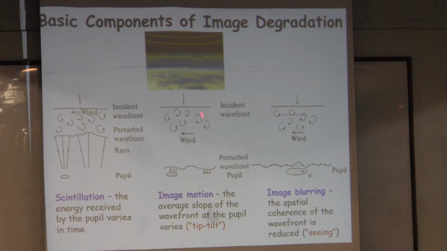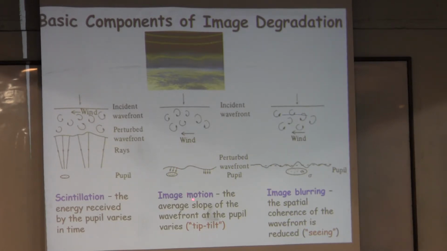One way to look at this is to say we have an object high up there, we have an almost parallel wavefront coming to the atmosphere, and then it goes through the layers of the atmosphere and it gets distorted. So the ideal flat wavefront would give an ideal point source, but now that we have a distorted wavefront, we will see the blurring of the image.